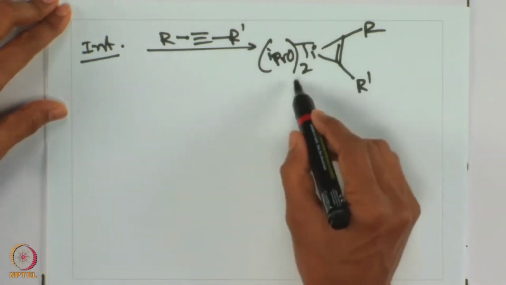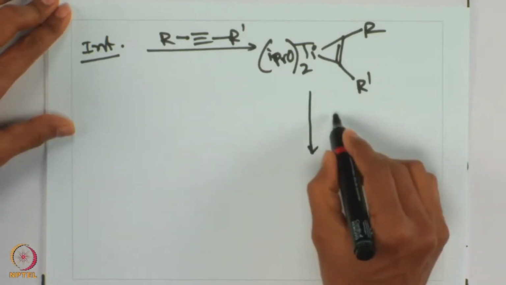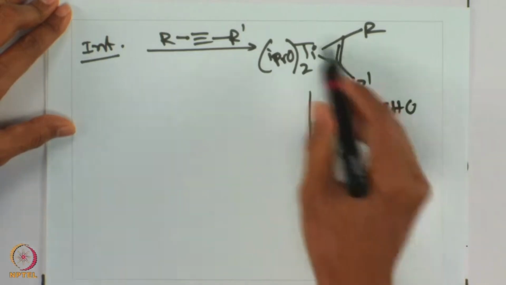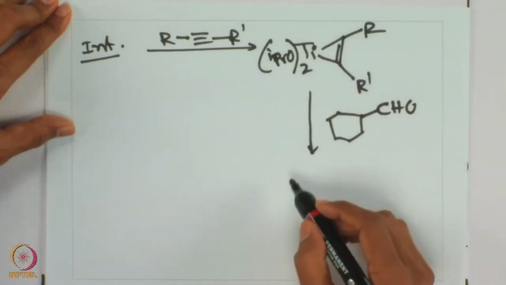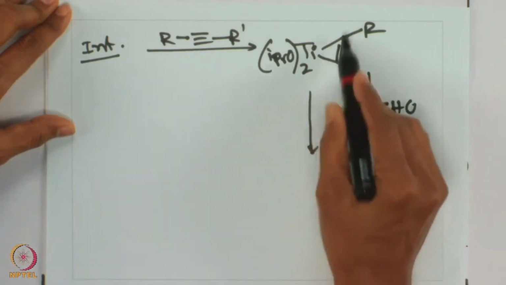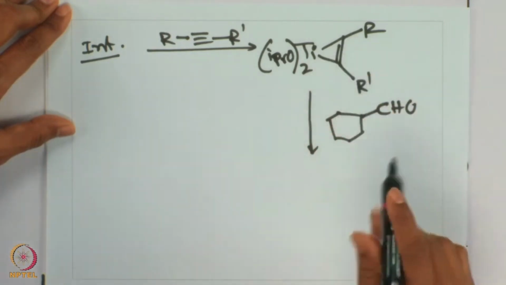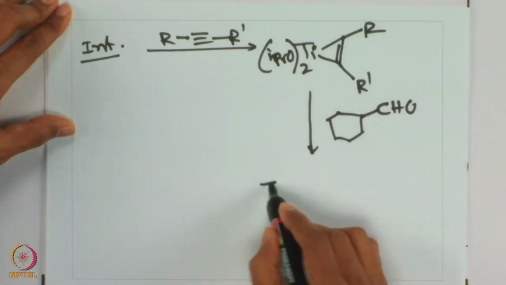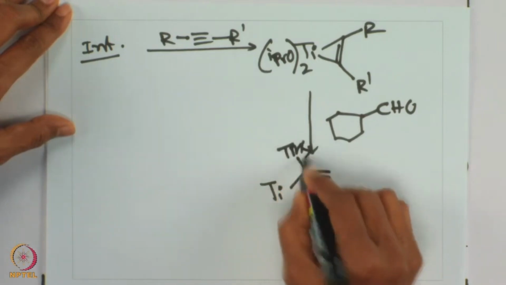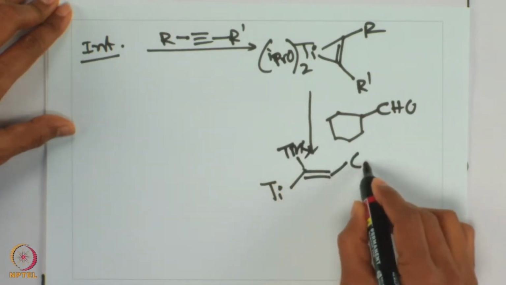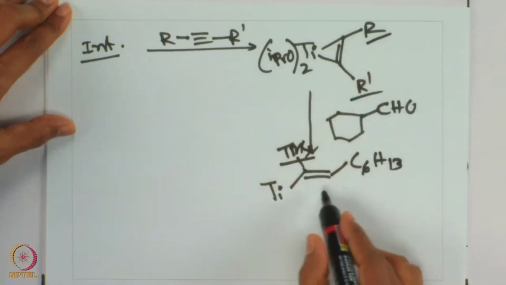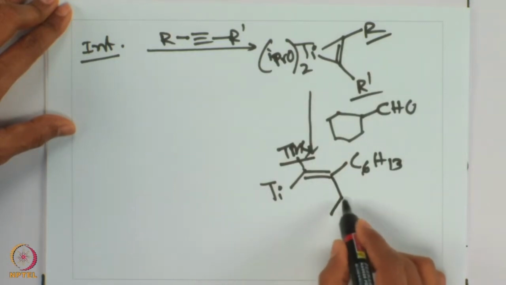Now, this intermediate from here on, for example, if we are interested in reacting with another aldehyde, this aldehyde will be able to interact with this 3 membered Metallacycle, and overall then into this aldehyde double bond this cyclopropene will be able to insert, and then the final species that we will be getting in this case is a 5 membered intermediate where we have for example C6H13 and TMS, if these are the R and R prime we are taking, and from there on we can get the cyclohexyl.